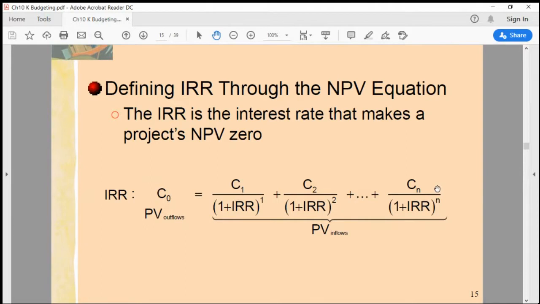Now, there are times, as I said, depending on what this value would be, the right-hand side could be greater, or the left-hand side could be greater. So consider this discount rate.